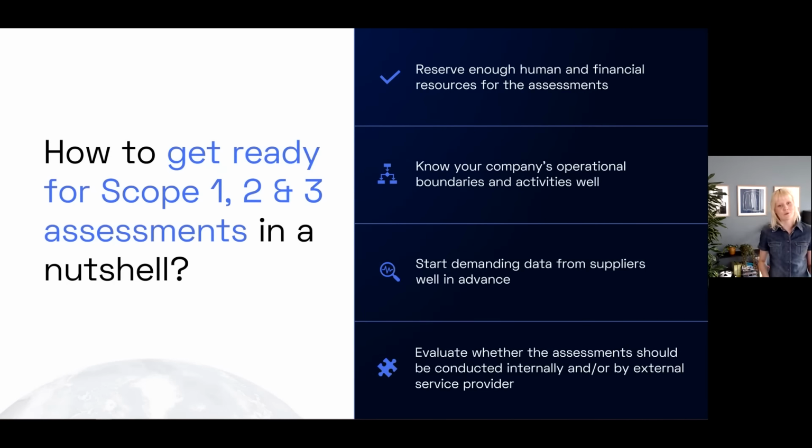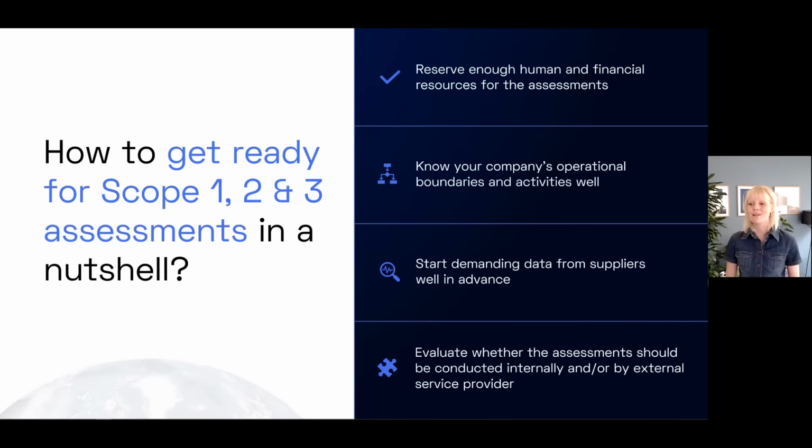And then also, how to get ready for scope 1, 2, and 3 assessments in a nutshell. As said before, reserve enough human and financial resources for the assessments well in advance. Also know your company's operational boundaries and all the activities well. If you have many industrial facilities, or if your operations are locationally distributed, be sure that you have people who can collect the data that you need.